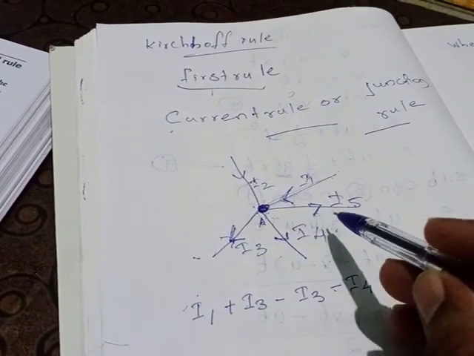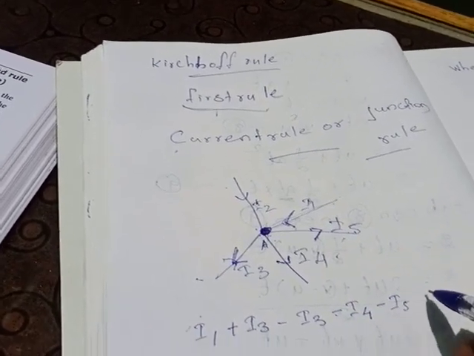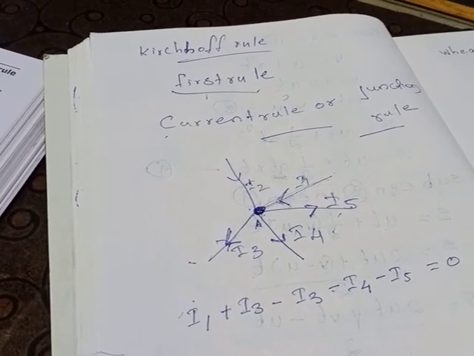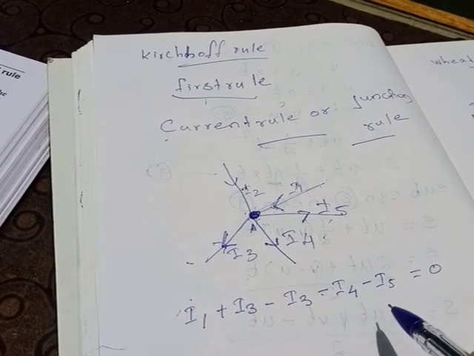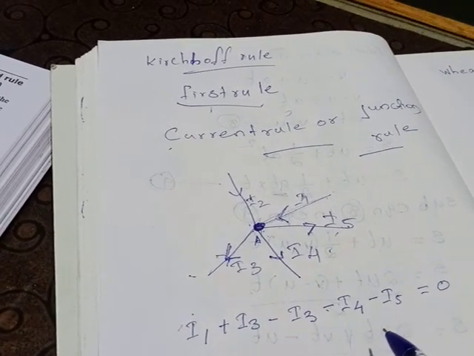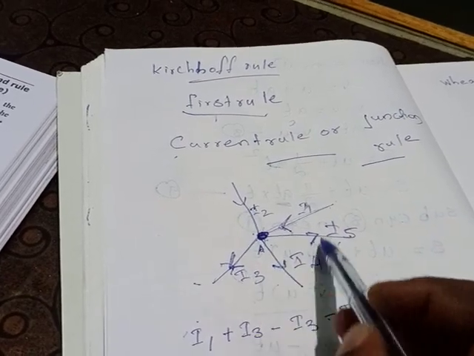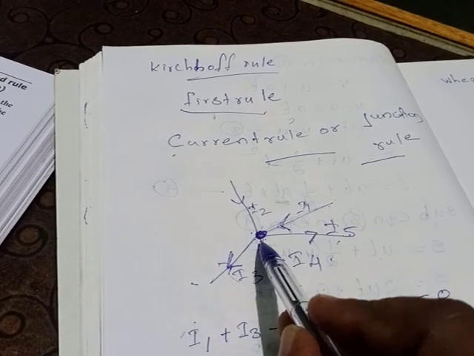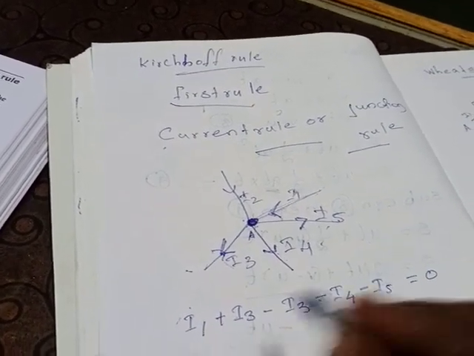I5 also going away from the junction, so minus I5 equals 0. This is Kirchhoff's first rule. The algebraic sum of the current at any junction of a circuit is 0.